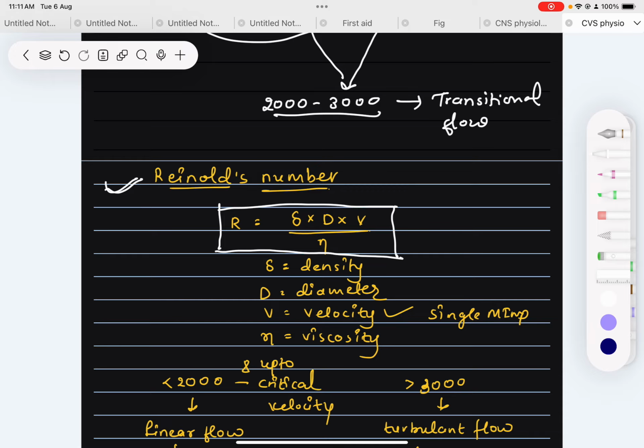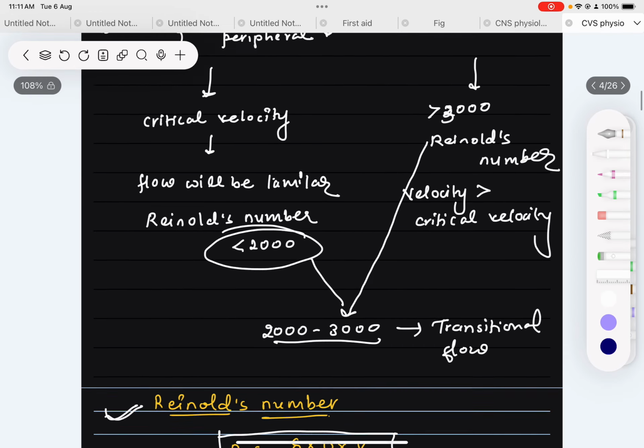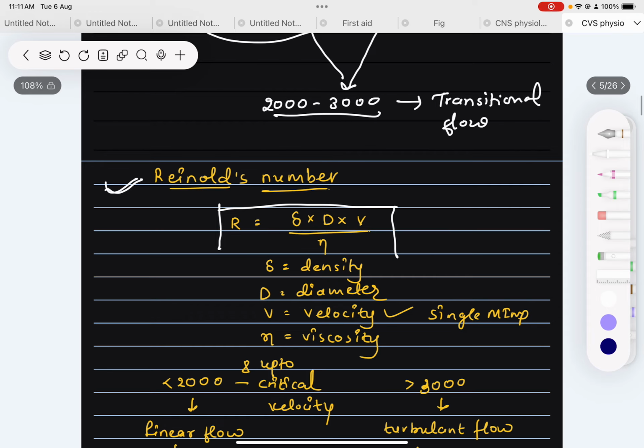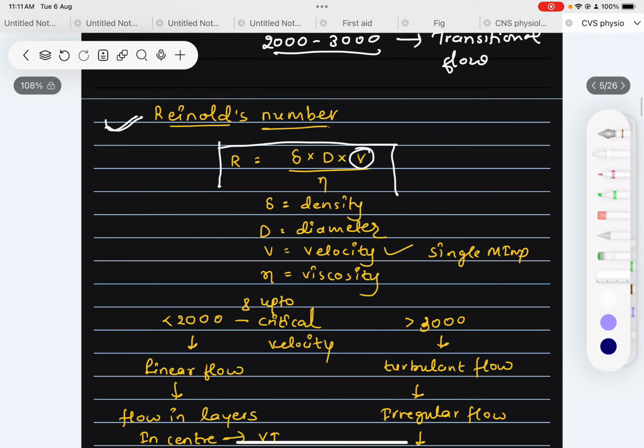So the more velocity, as we can see here, this was also a criterion about the velocity. So we already know that if velocity is going to increase, Reynolds number is going to increase. Now these two terms we have to remember: this is the density and this is the viscosity. So the more the viscosity, Reynolds number will be less, and the more the density, Reynolds number will be high, plus the more the diameter, Reynolds number will be high.